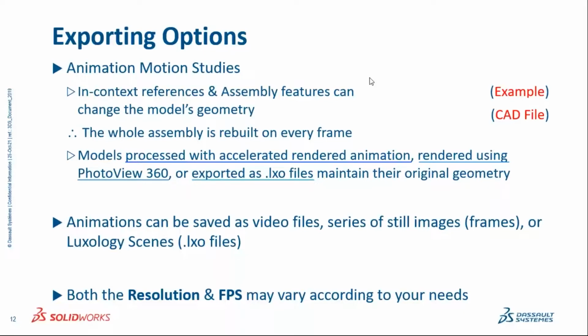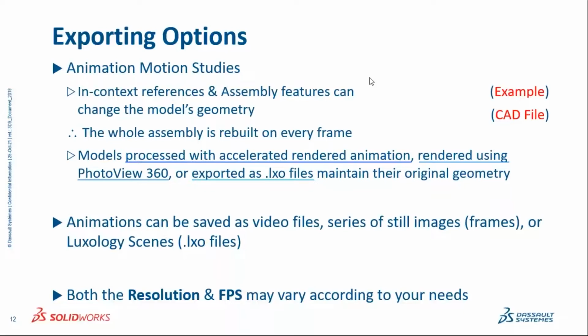So when it comes to animations, since these are the things that I make in SolidWorks, if I have a motion study in general, I can save it as a video file, like the ones I just showed you, or a series of still images, which is a series of frames. For example, if I have an animation that's 1 second and it's 30 frames per second, I can actually save it in two ways.